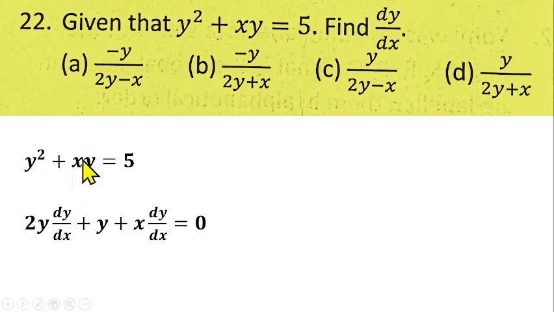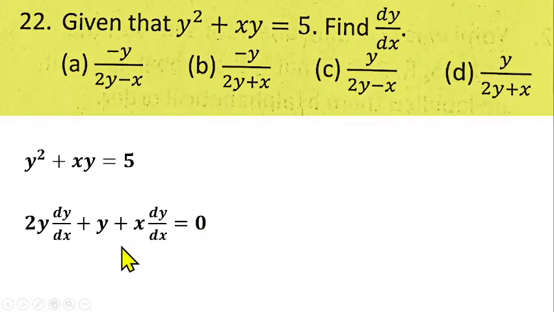If I differentiate x here, that will give me 1, so 1 times y will give me y. Then plus, I will leave x and differentiate y, that should give me 1 dy dx, so 1 times x will give us x. So equals to, if you differentiate 5, that gives us 0, because that's a constant.